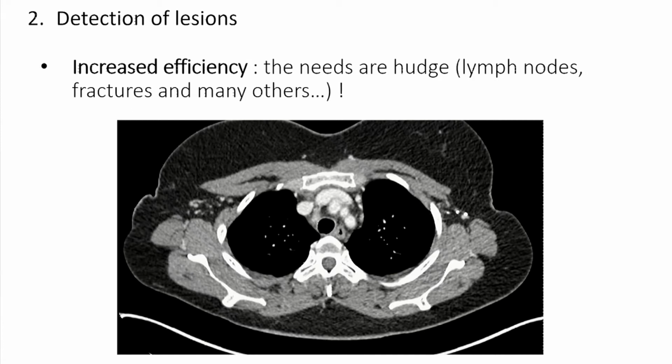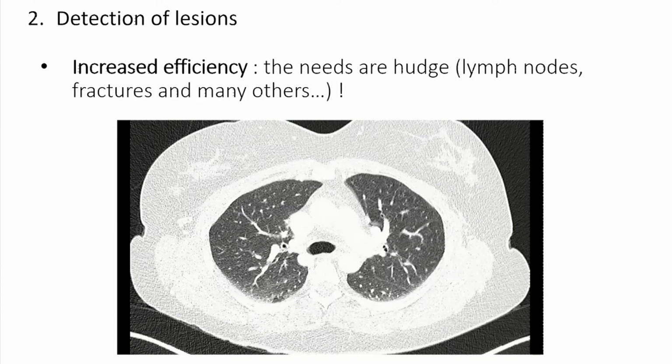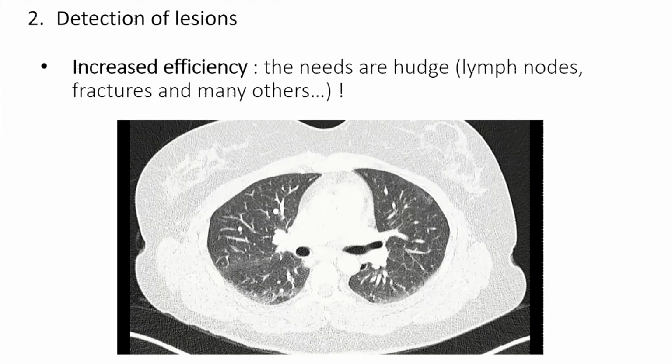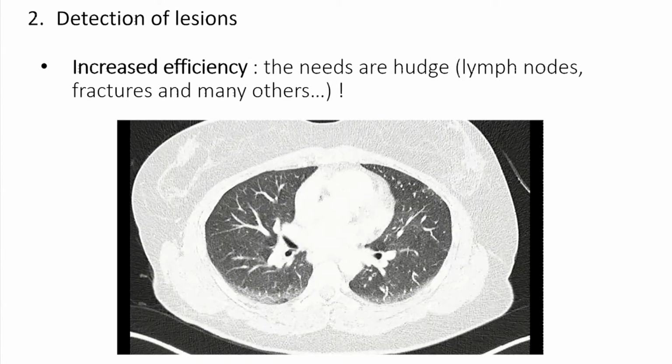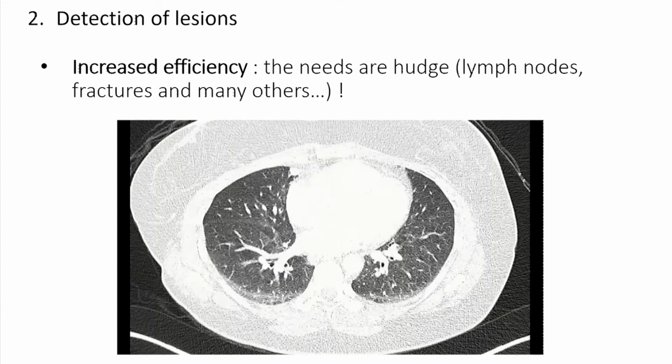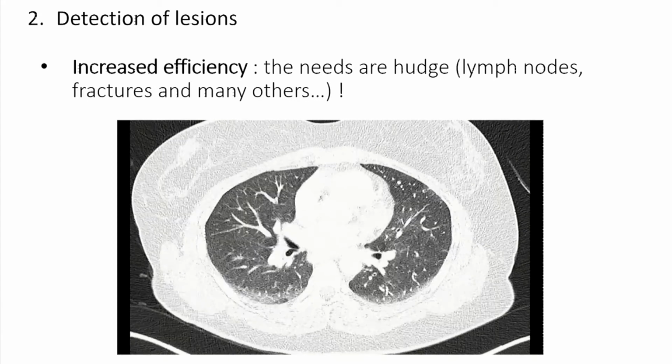You also have metastases, and you have plenty of questions like this. So lung nodules, okay, but there are a lot of other findings where AI could help us. So for this part of the task, AI will increase our efficiency, and the needs are huge.